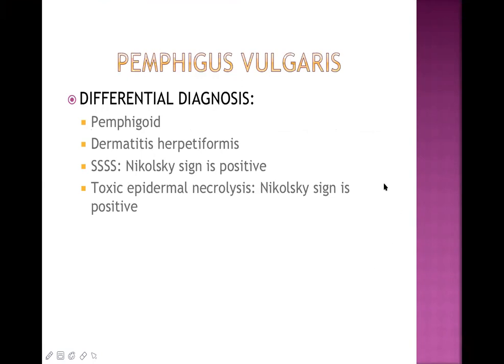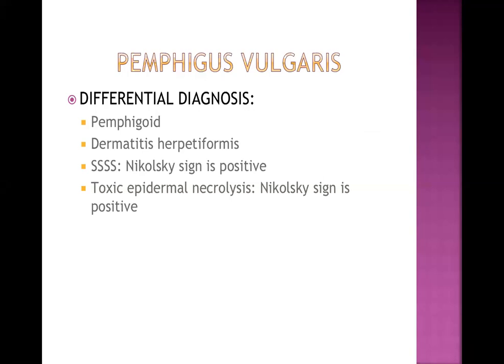Now, some of the differential diagnoses for Pemphigus vulgaris, which every student should know, are pemphigoid or bullous pemphigoid. There is a very important point which separates these two. In Pemphigus vulgaris, the lesion is quite superficial, and by the time the patient comes to hospital, many of them are already ruptured, leaving behind an ulcer.